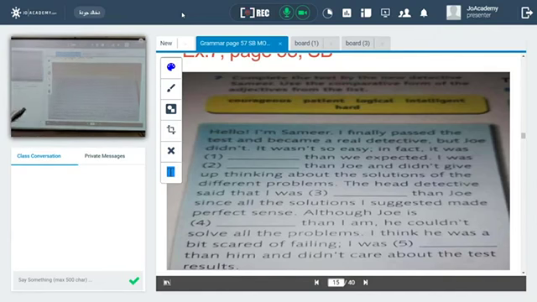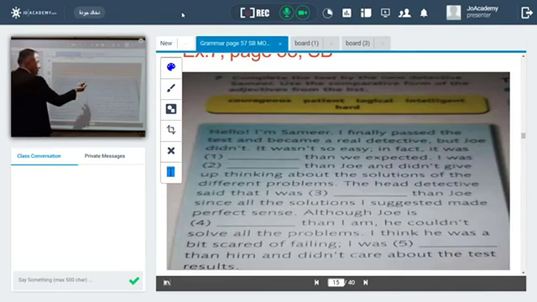Hello, I am Samir. I finally passed the test and became a real detective. But Joe didn't. It wasn't so easy. In fact, it was blank than we expected. So what do you think we need to put here in the gap number 1? Yeah, we need to put hard.